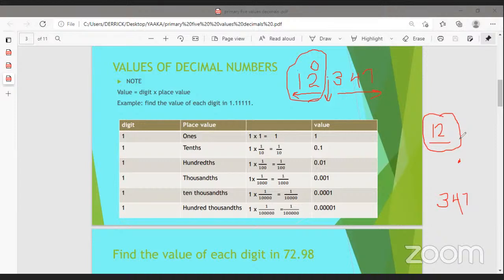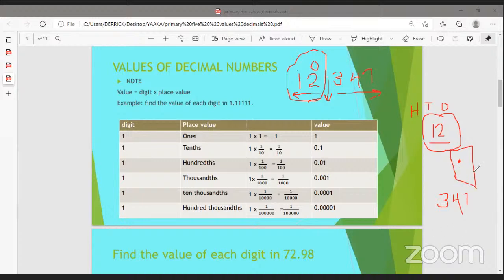And let us all remember that when you're giving place values to whole numbers, we start from the right hand, and the first one is ones, followed by the tens, hundreds, and many others if the digits are there. Then we shall have the decimal point.